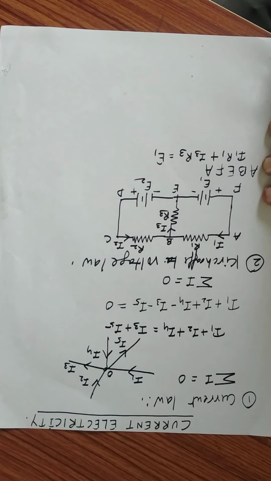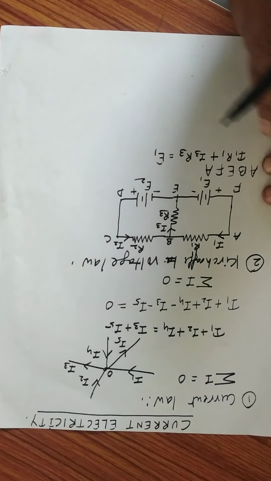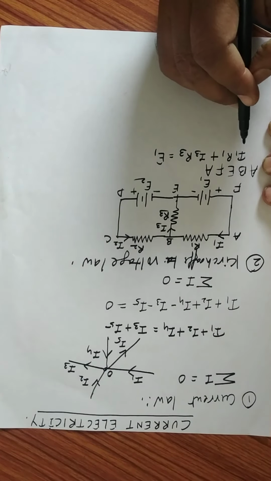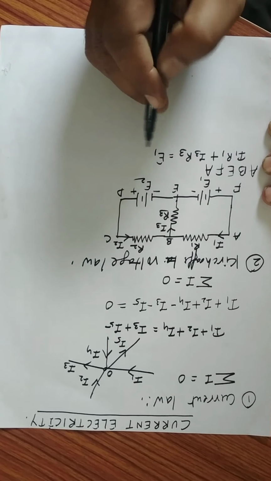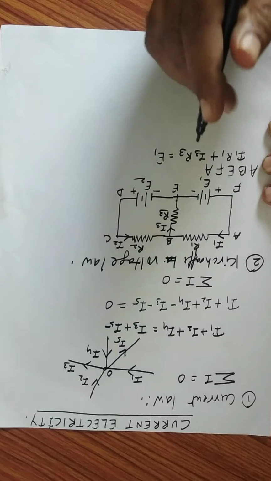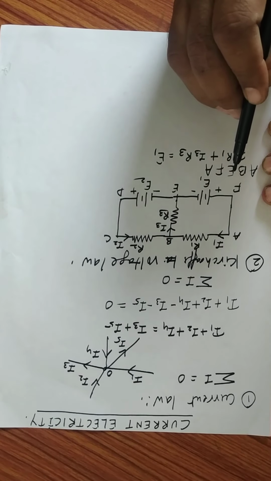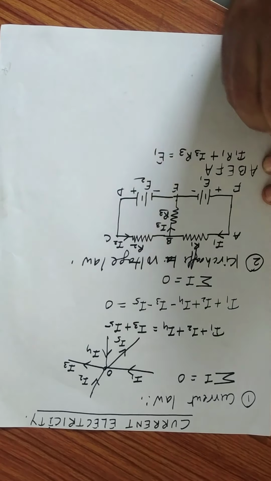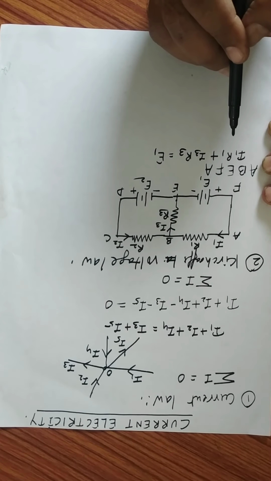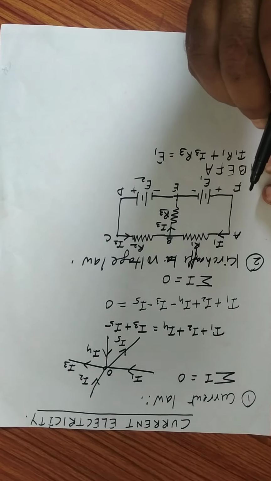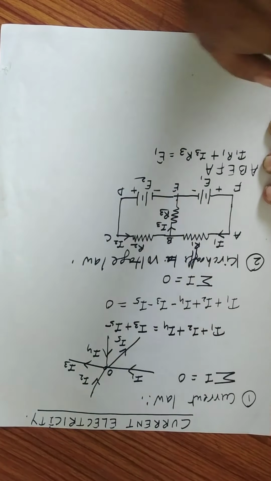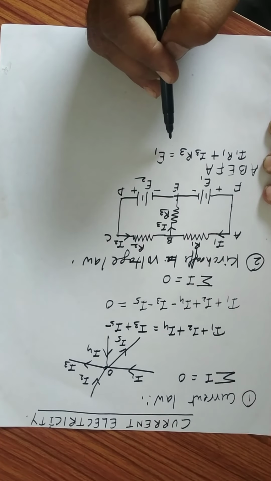So here, according to Kirchhoff's voltage law, I have applied it to the loop ABEFA. We have got I1 R1 plus I3 R3 is equal to E1. Now, what about the EMF E1? If the loop is traced from the positive terminal of the cell to the negative terminal of the cell, so the loop is in the same direction as the current from positive to negative, then take the EMF as positive.